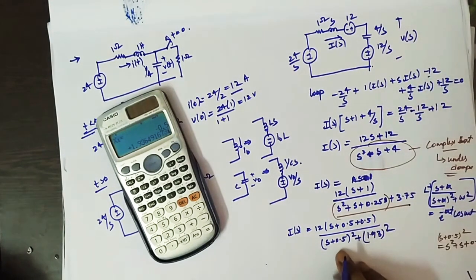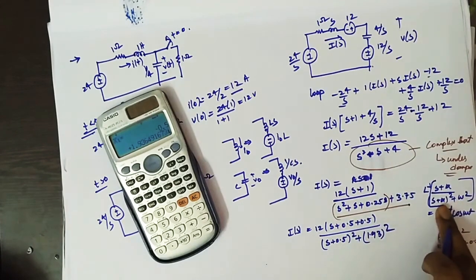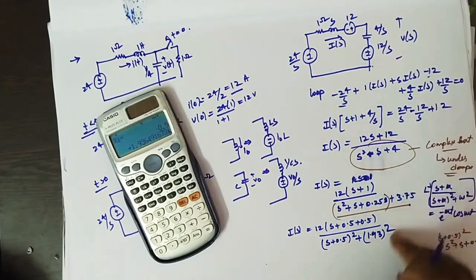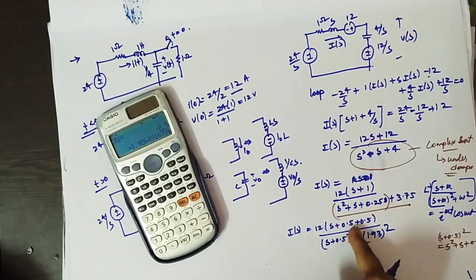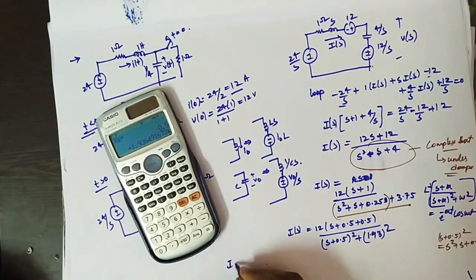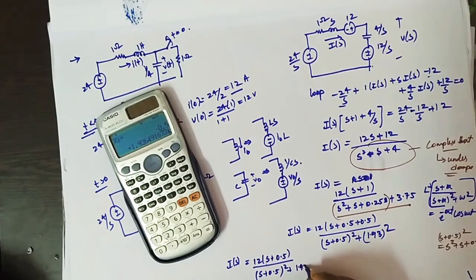The whole idea is to bring the denominator into this format, since we know the inverse Laplace of this function. So the separation is I of s equals 12 into s plus 0.5 by s plus 0.5 whole square plus 1.93 whole square, plus 12 into 0.5.